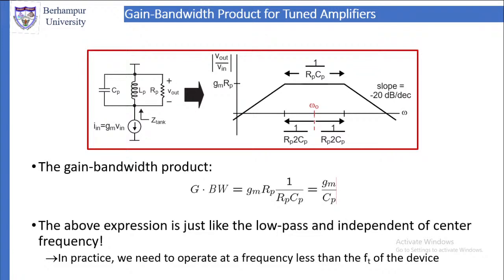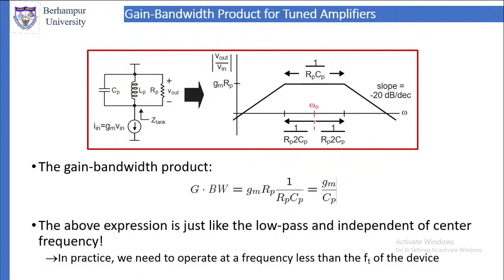So V out will be Rp into I in, which is equal to Rp into Gm into V in. So V out by V in is equal to Rp into Gm. So Rp into Gm is the maximum gain. Now look at the figure on the right hand side. The maximum gain is Gm into Rp. On the y-axis, the gain V out by V in is plotted.